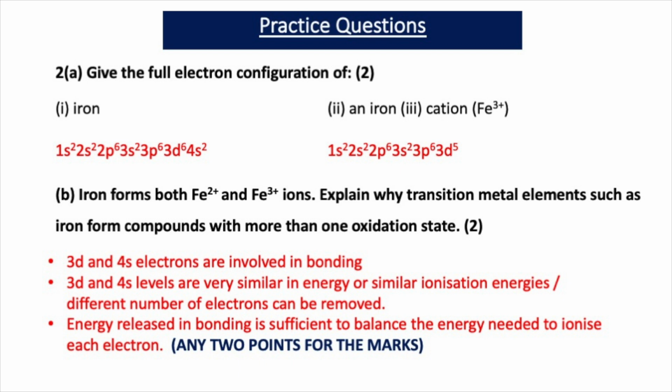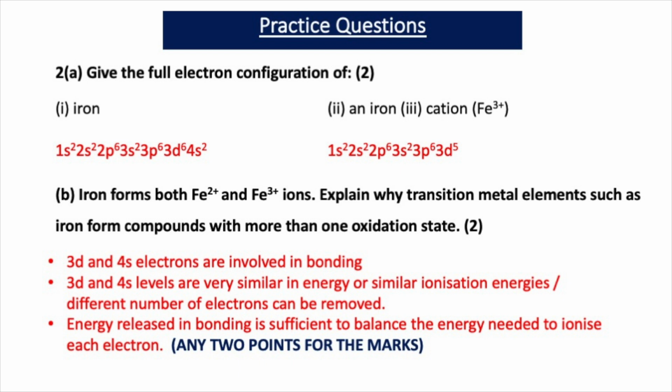So to get the marks, you need any 2 of the following points. So first of all, you could say that the 3d and 4s electrons are involved in bonding. You could also say that the 3d and 4s electrons are the electrons that are lost, because remember, when transition metals form compounds, they have ionic bonding, so they lose electrons.